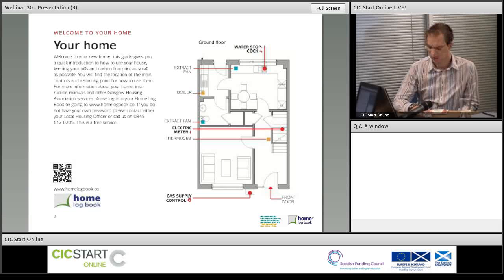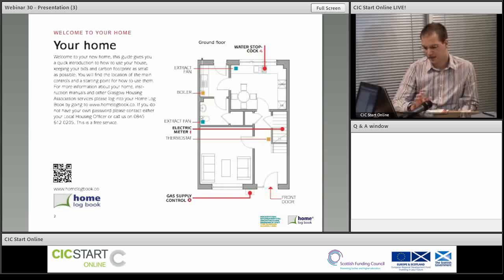And one of the things we found from the Scottish Government study is that the layout of the house, the particular layout of your particular house, has to be important, and it has to have all of these elements: the water stopcock, the extract fans, the boiler, the electric meter and gas supply, and so on. They have to be in the right place.